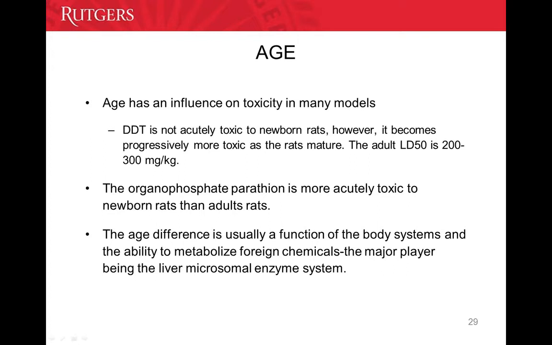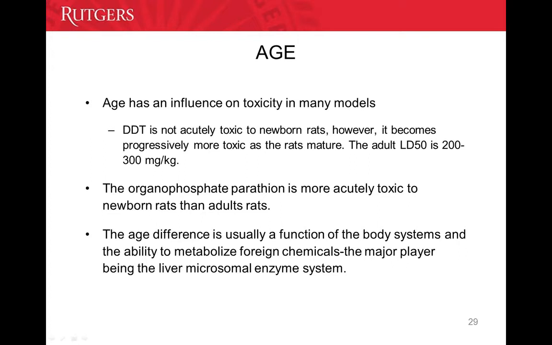The adult LD50 is about 200 to 300 milligrams per kilogram for DDT in these rats. The organophosphate pesticide parathion is more acutely toxic to newborn rats than it is to adult rats, so quite the opposite.